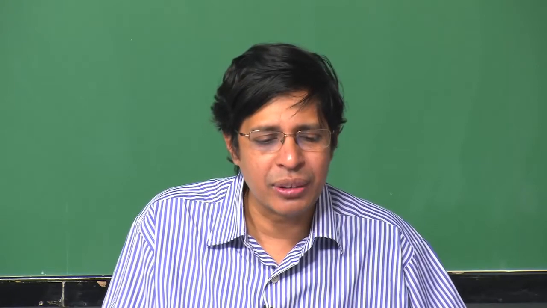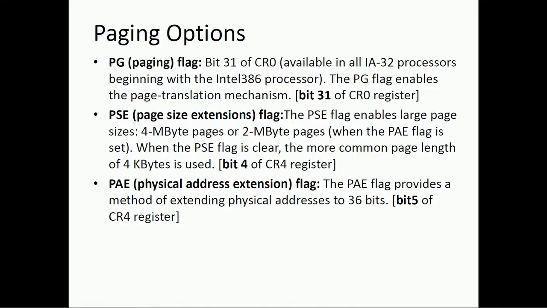Now there are two things that we can do here. There is something called page size extension. In bit 4 of the CR4 register, if you set the flag to 0, then the page size is interpreted as 4096 bytes, or 4 kilobytes.